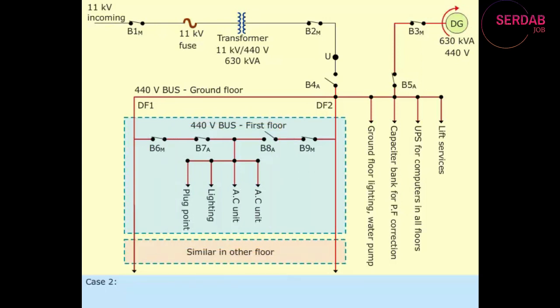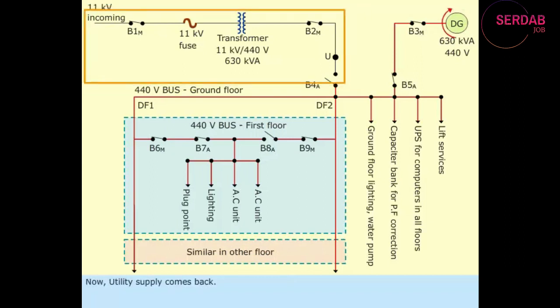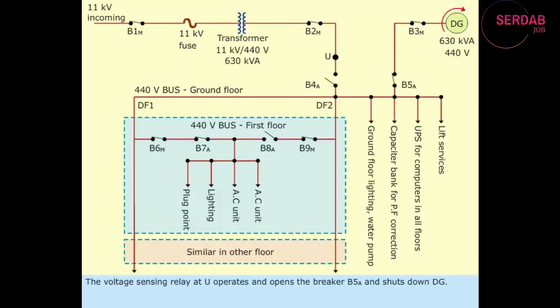Case 2. Now utility supply comes back. The voltage sensing relay at U operates and opens the breaker B5 sub A and shuts down DG. And subsequently, breaker B4 sub A closes, restoring the supply to the floors as described before.